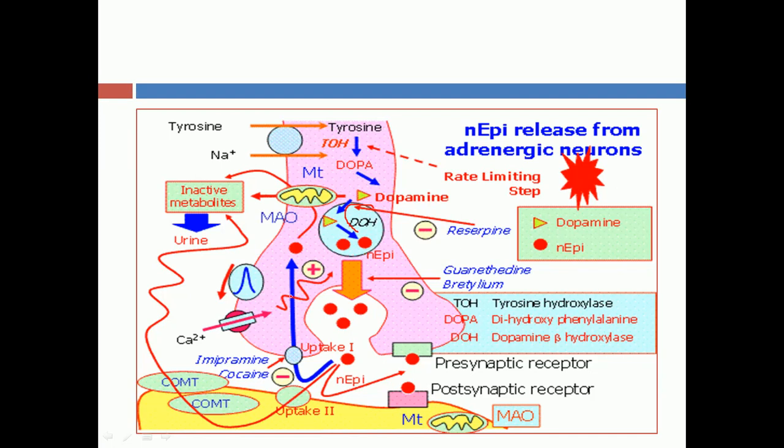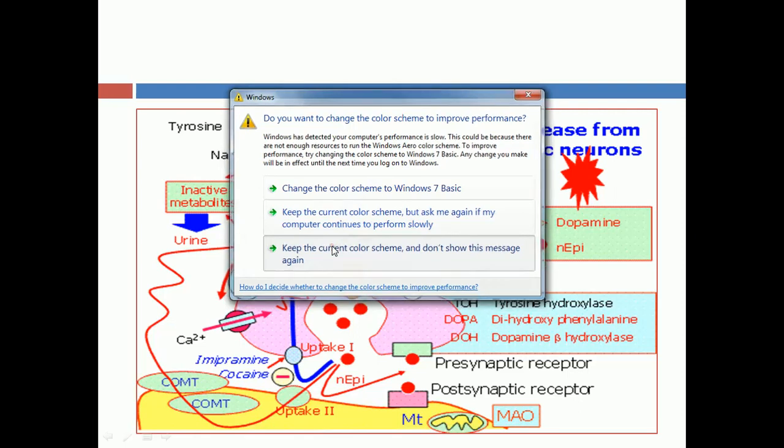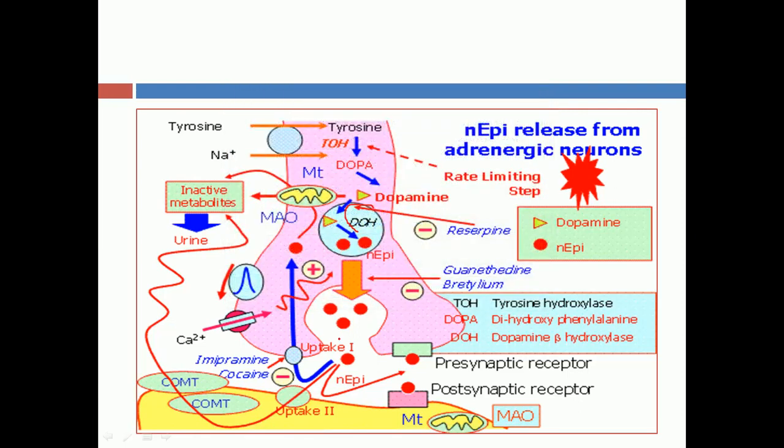When the action potential reaches and there is a need for these aminergic neurotransmitters, these vesicles fuse with the cell membrane and exocytotically give off the neurotransmitter to the synapse.